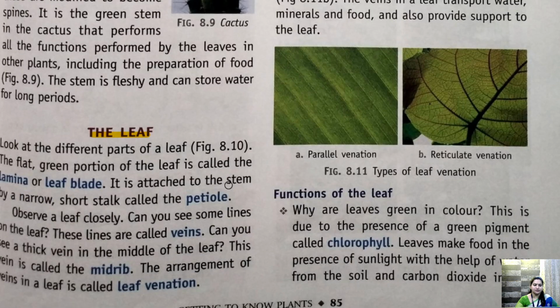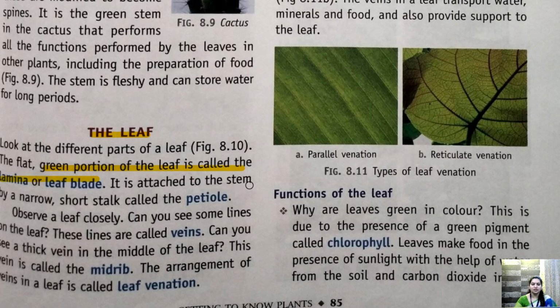So, what is a leaf and what does it do? See, the flat green portion of the leaf is called lamina or leaf blade. So the flat area, the complete leaf, that layer is called lamina, that I told you yesterday.